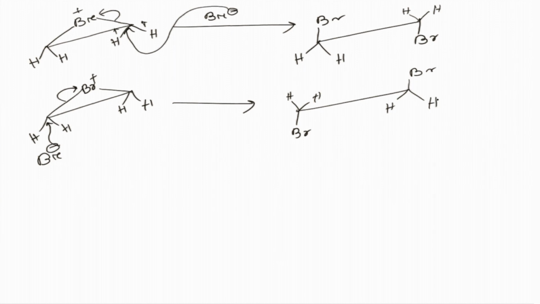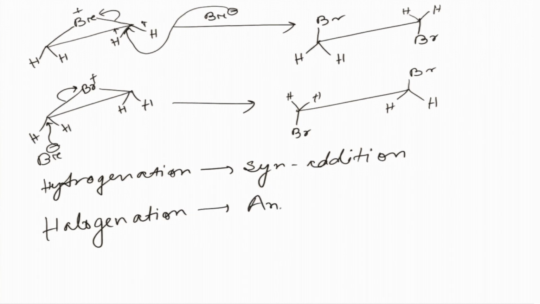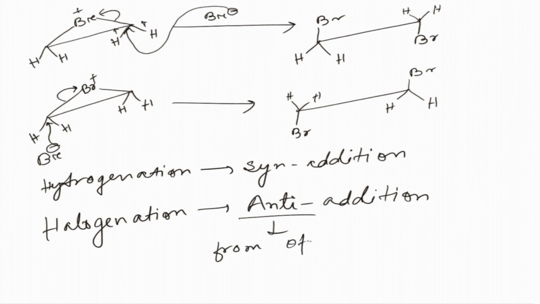So, when we were studying about the hydrogenation of alkenes, we had said that hydrogenation is syn addition, but halogenation is anti addition. Okay. Anti addition means from opposite sides.